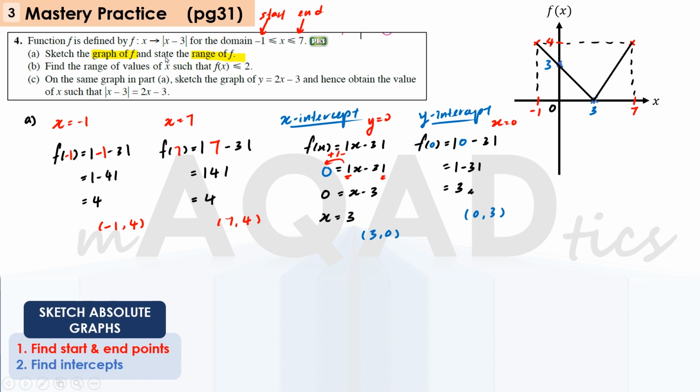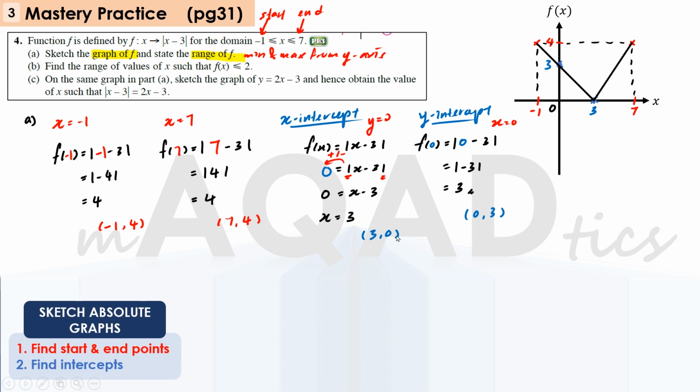Let's go to the second part of the question. We need to find the range of f. Range of f means we need to find the minimum and the maximum value from the y-axis. The minimum value would be this point, because this point is the x-intercept where the y coordinate is 0.